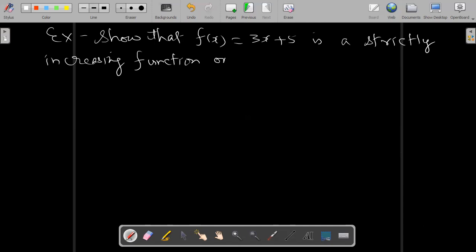On real numbers, interval of real numbers.